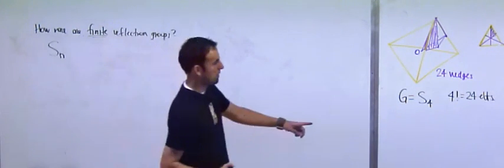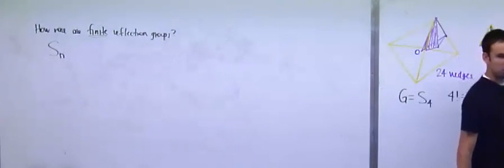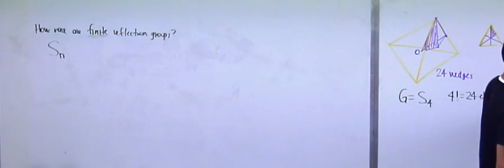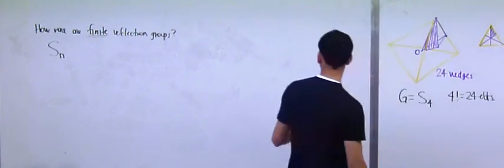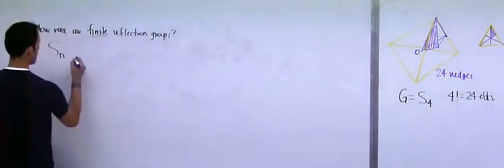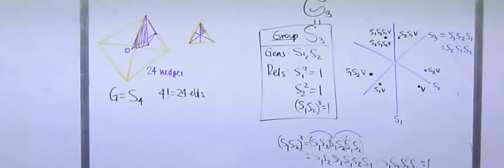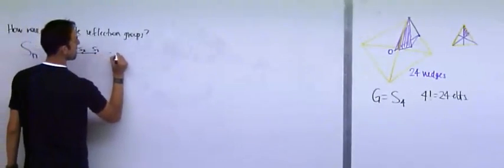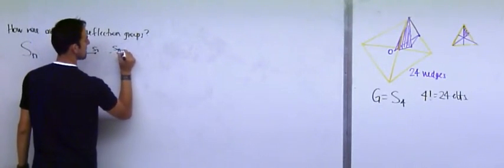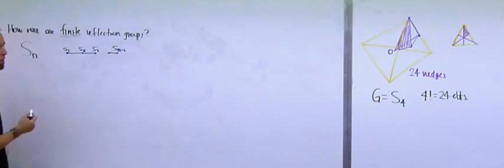Now here I give you a description of the symmetric group that is nice. Maybe you haven't seen it before. Let me give you a description of the general symmetric group. The general symmetric group is given by reflections. It's generated by reflections S1, S2, S3, up until Sn minus 1. Okay.